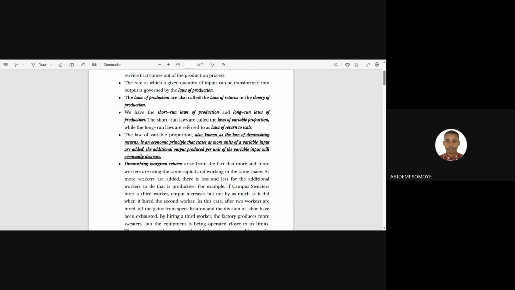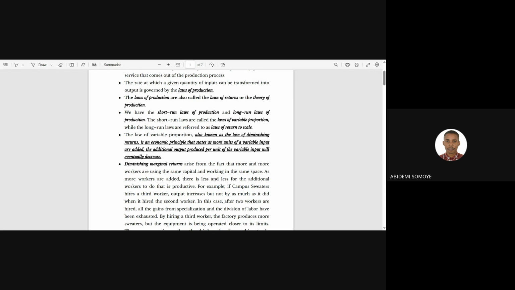In a more simplistic explanation, what the law of diminishing marginal returns means is that if you have a firm or an organization and you keep hiring more workers, you keep putting in more labor, while the number of computers is fixed. The number of computers being fixed simply means that you are not adding more computers.